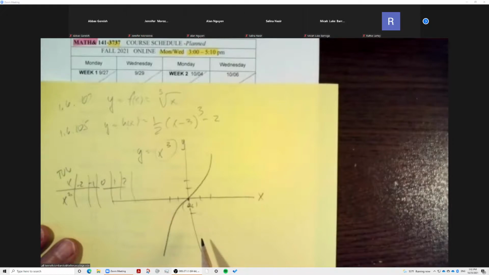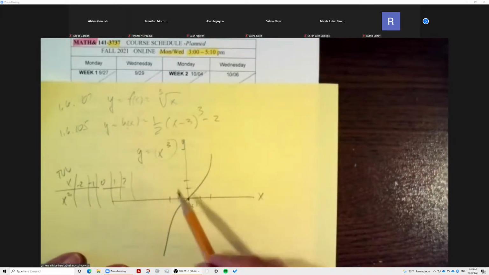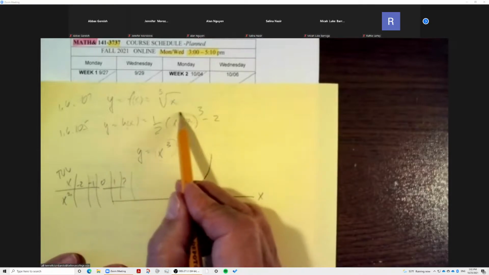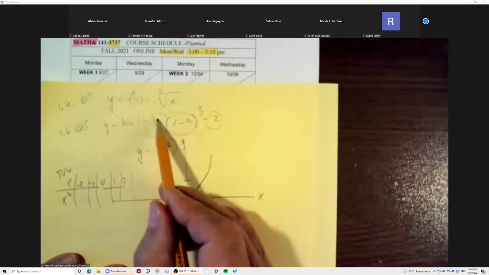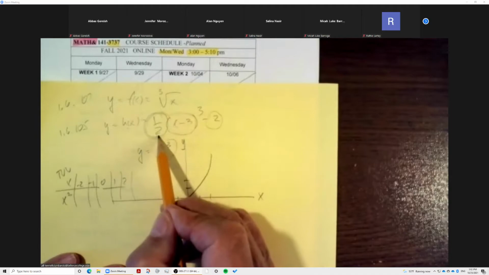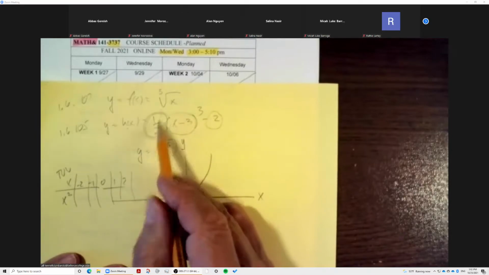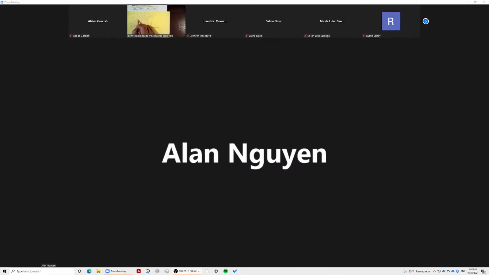And then what they're asking is if we take this basic graph and make these 3 changes. 3 changes are 1/2 here. Does that stretch or shrink this graph, this 1/2 value? It's shrink, right? Yes, that's correct.